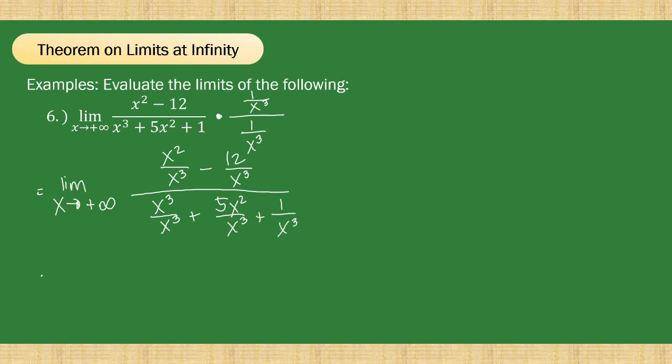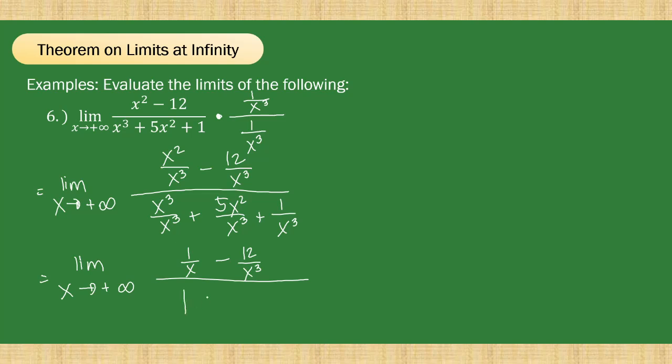Tapos, isi-simplify natin yung mga terms bago natin kuhanan ng tig-isang limit. The first term in the numerator, by the laws of exponents, this will just be 1 over x minus 12 over x cubed. As for the denominator, same sila.